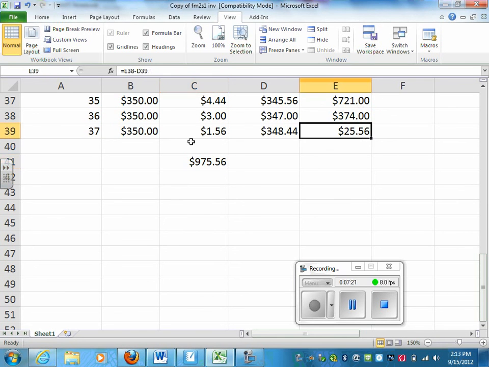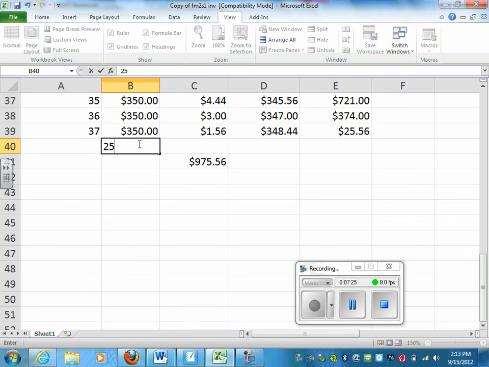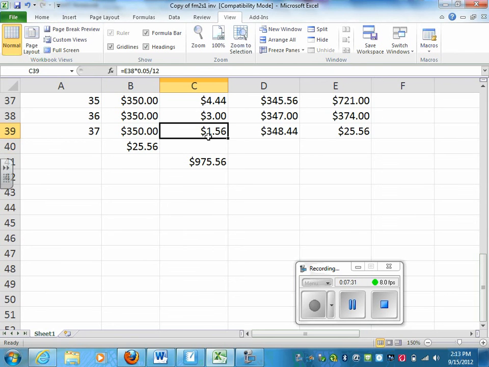To do this correctly, we would have to put his money here. He'd pay another $25.56 here. Okay, and then actually his interest here, let's fill this. His interest would be 11 cents.